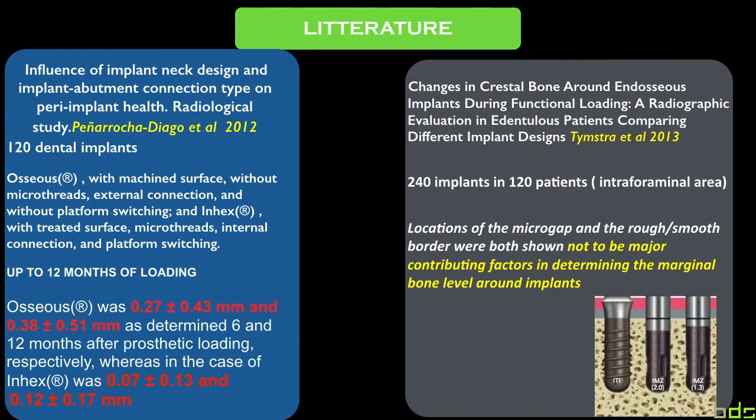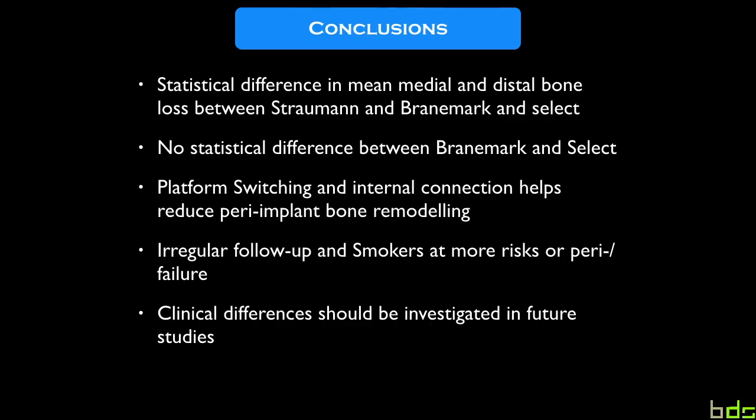So our conclusions are that the statistical difference in mean mesial and distal bone was significant between Straumann and Brånemark and Select, obviously in favor of Straumann bone level. No differences between Brånemark and Select implants.